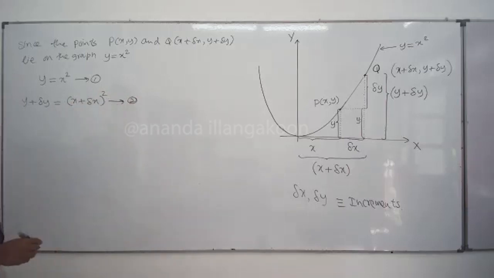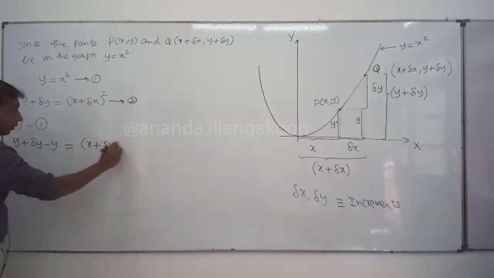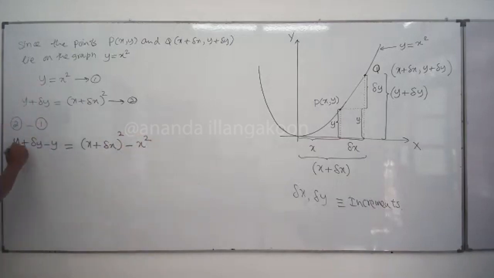Now what happens, people? What we do is we take 2 minus 1. When you take 2 minus 1, here y plus delta y minus y comes into the left hand side. Right hand side, people, x plus delta x squared minus x squared comes. The left hand side you can simplify, the y's cancel down, delta y comes.